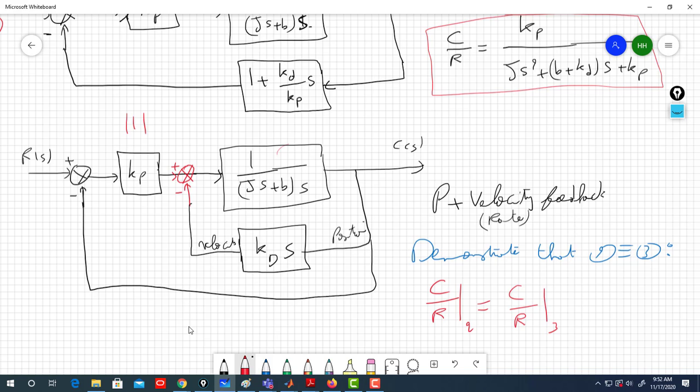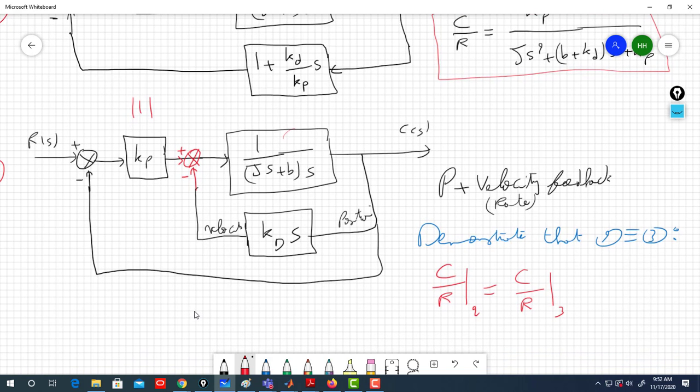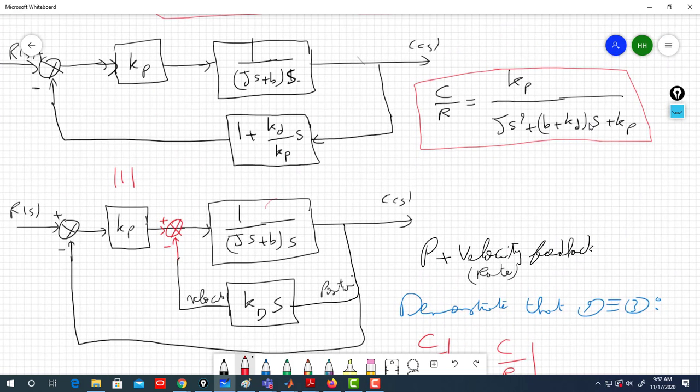Doctor, but doesn't the zero make the system faster? Usually yes, but you can make the system faster by the proportional term as well, or the derivative term also makes the system a little bit faster. Doctor, adding a derivative term is like having a zero, right? Yeah, and the derivative term is in the denominator too. When you design them, you can choose Kp and Kd that give you a fast system.